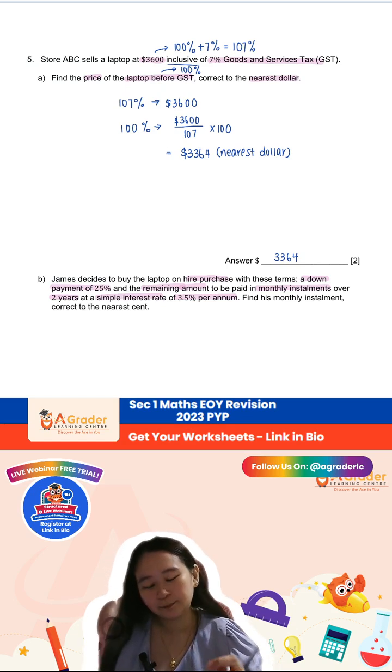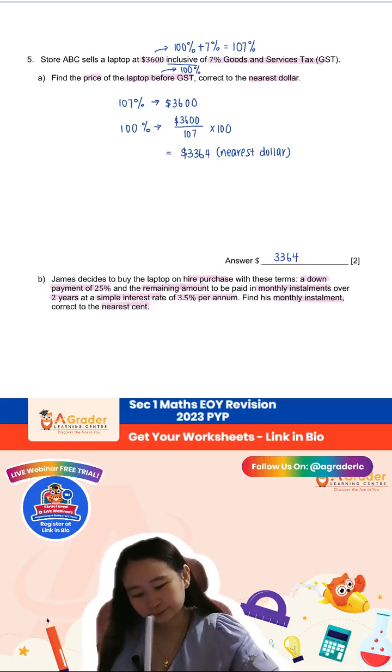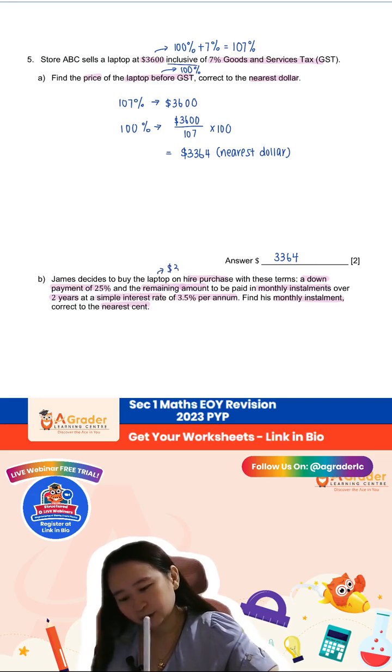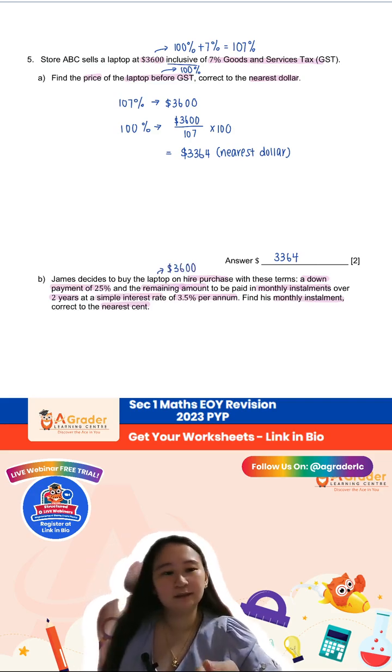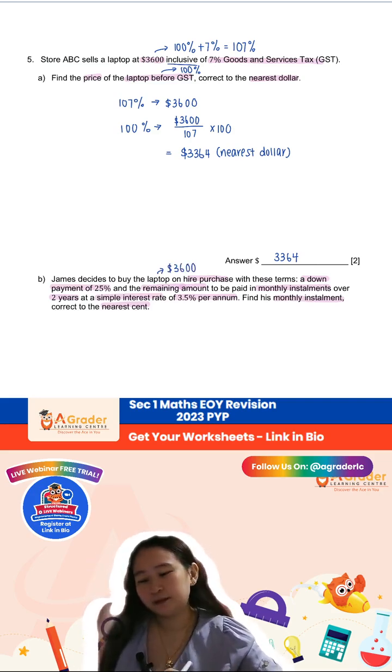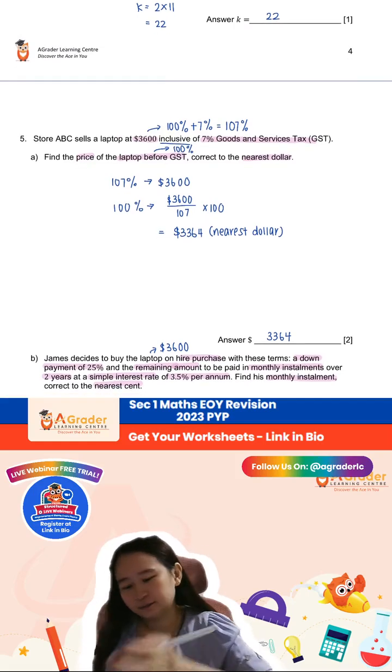They ask you to find his monthly installment correct to the nearest 10. So firstly, you have to find what is the down payment. This laptop cost $3,600. Yeah, they already tell you here.